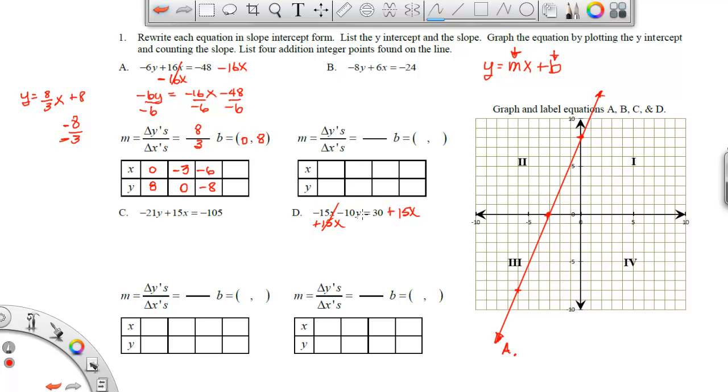I know this is the number in front of the y, so I'm going to divide everything by a negative 10. So now that becomes a positive 1y, so I end up with y equals, that is 15 over a negative 10. And then I have a positive 30 over a negative 10.